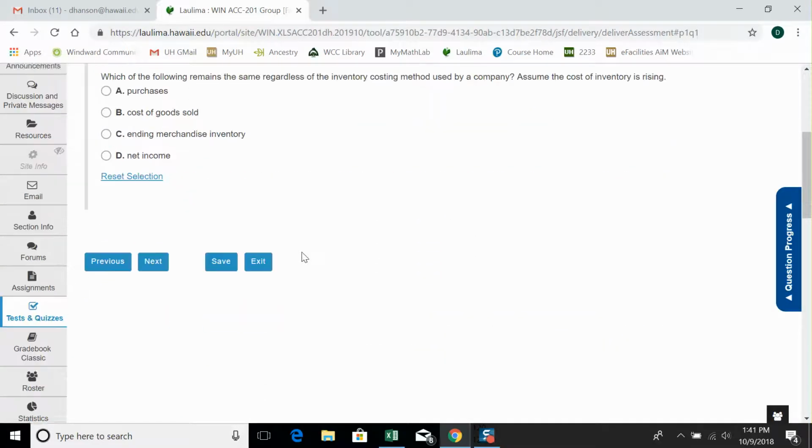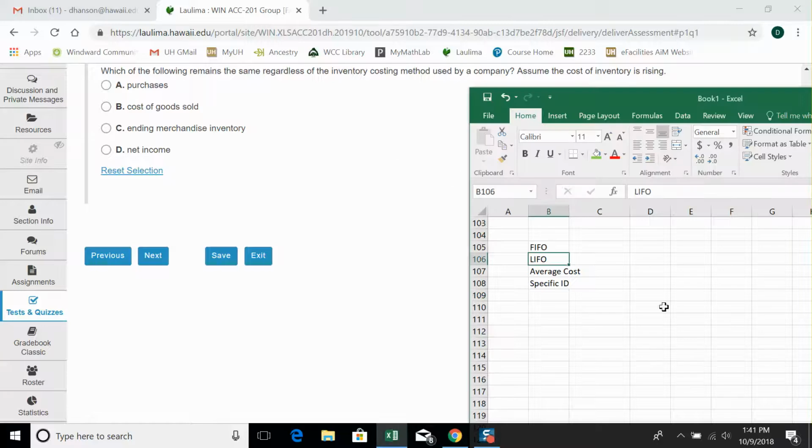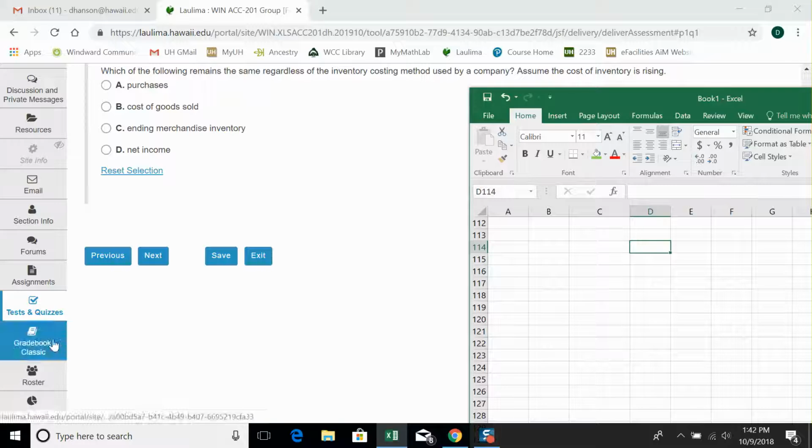Okay, item 16. Which of the following remains the same regardless of the inventory costing method used by a company? Assume the cost of inventory is rising. Well, of course, purchases are going to be the same because we're really using the same purchase amount, right?